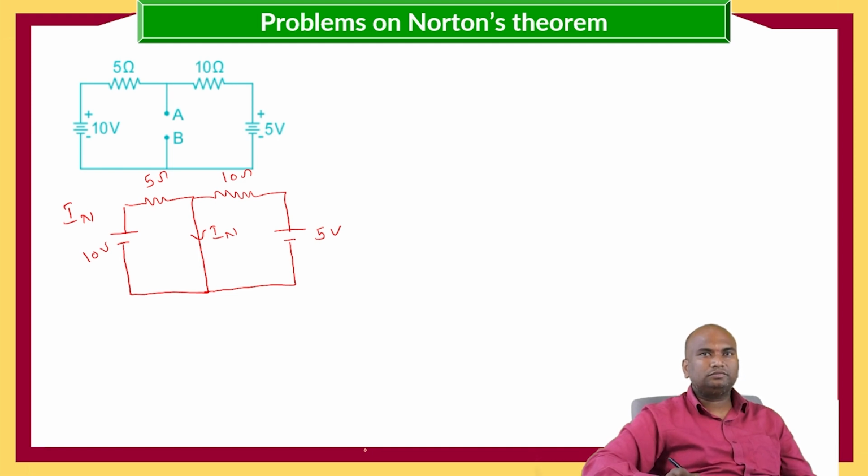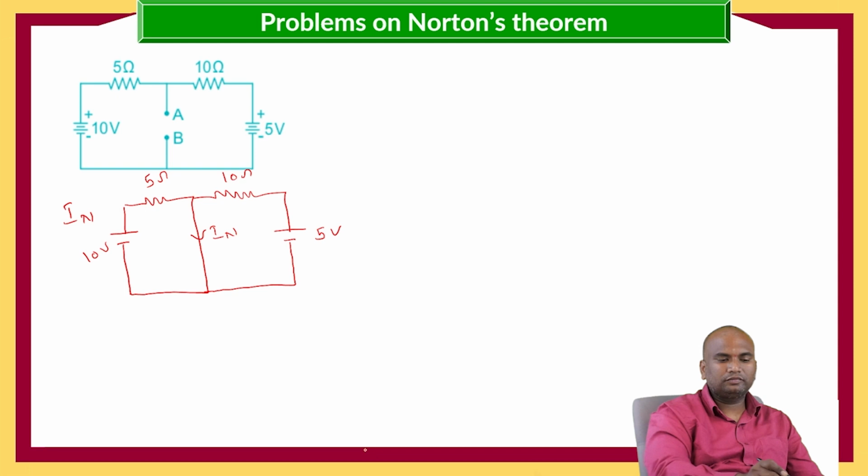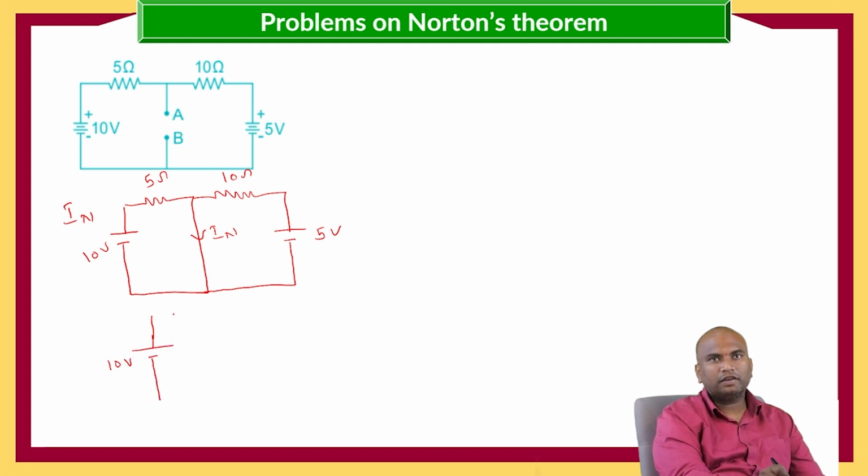So here we can replace the circuit like this: 10 volts in series with 5 ohms, and then 5 volts in series with 10 ohms.